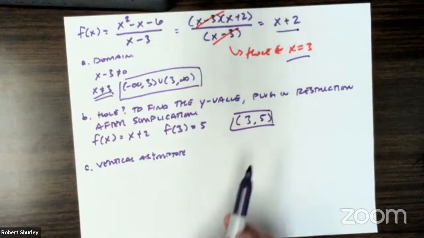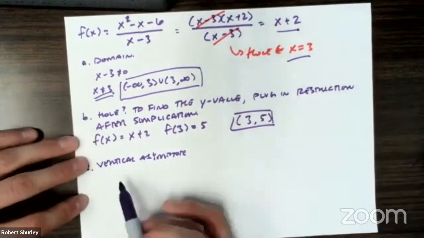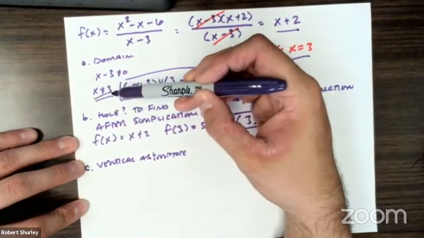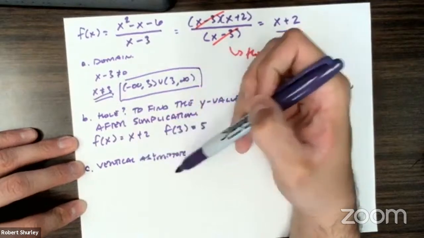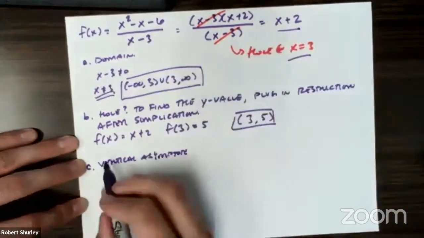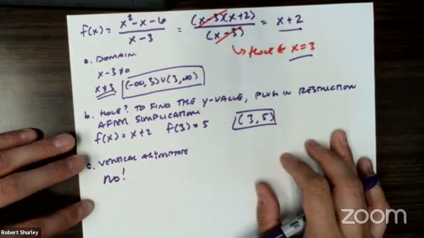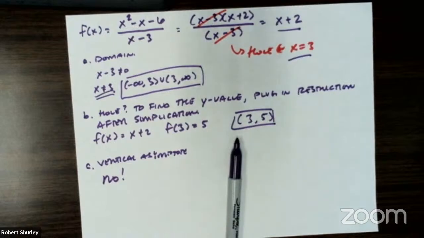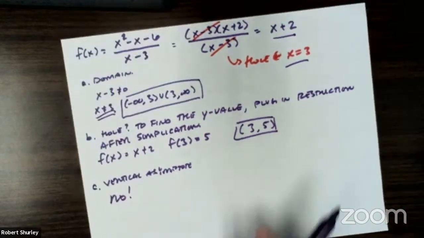That's a coordinate. It's not an interval. Now, there's no vertical asymptote here. This restriction can only be a hole or a vertical asymptote. It can't be both. Okay? So there's no vertical asymptote for this example. Okay.